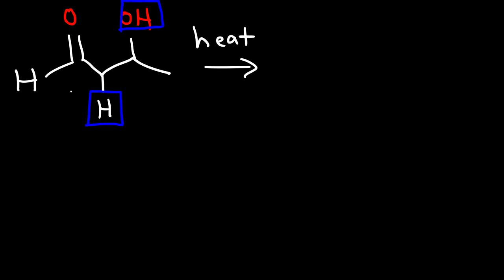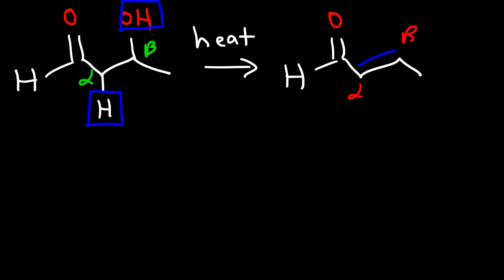And between the alpha and the beta carbon, a double bond will be formed. And so this is known as the alpha beta unsaturated aldehyde. This is also called the aldol condensation reaction once we remove water. And as you can see, this aldehyde is stabilized due to conjugation.